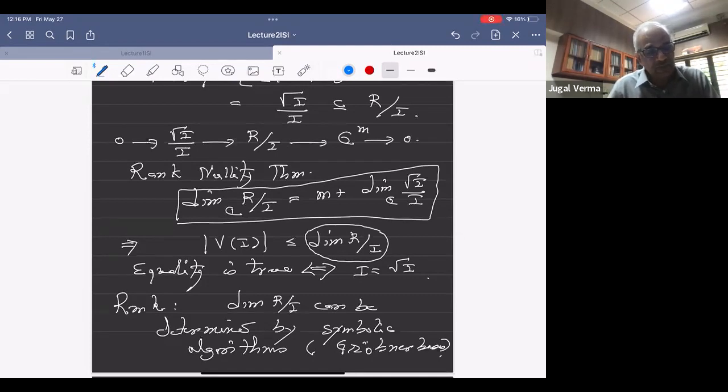We have to be satisfied with approximate roots, and these approximations can be better and better. There are better and better algorithms to calculate approximate roots. But one should know how many roots there are. So for a polynomial in one variable, we know that the degree of the polynomial is an upper bound. But if you have a system of polynomial equations, then the dimension of R mod the ideal generated by those polynomials is going to be an upper bound on the number of solutions.